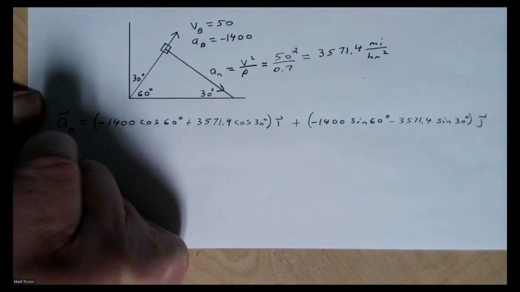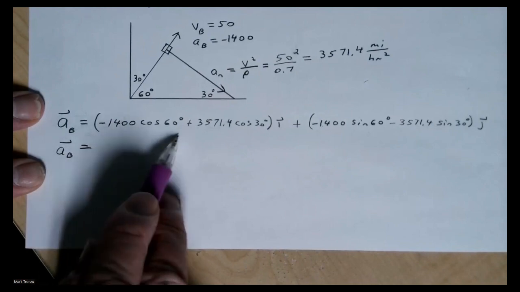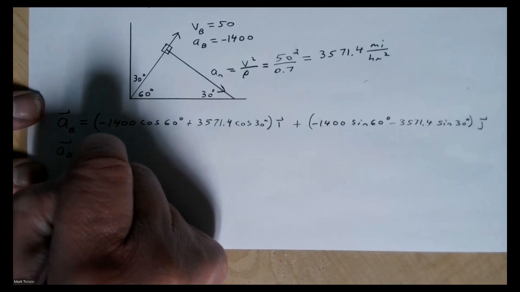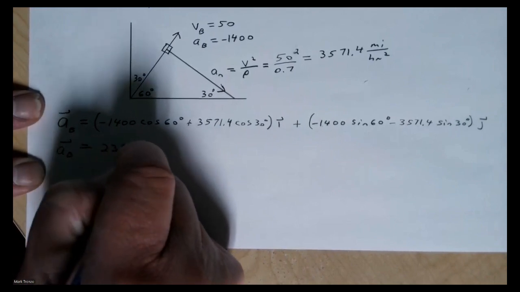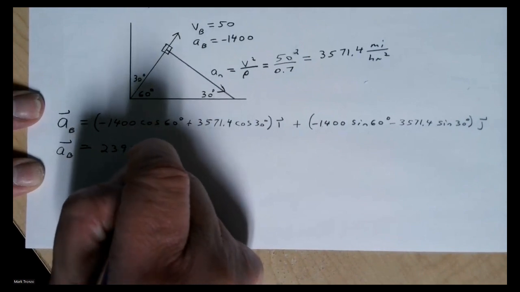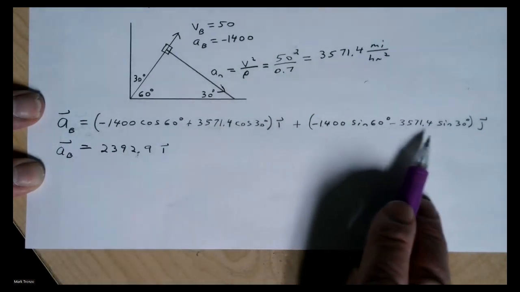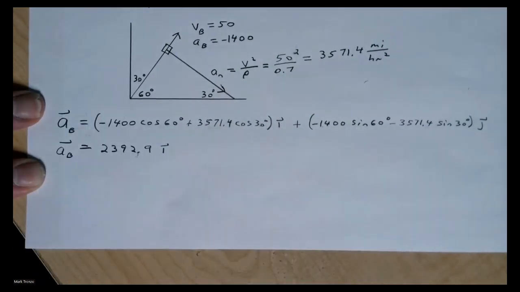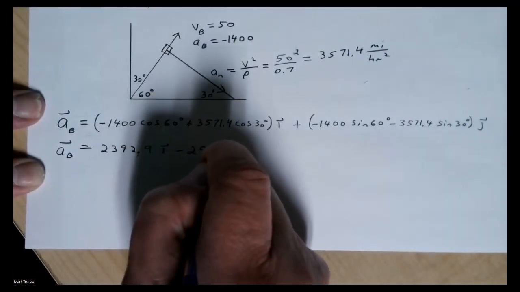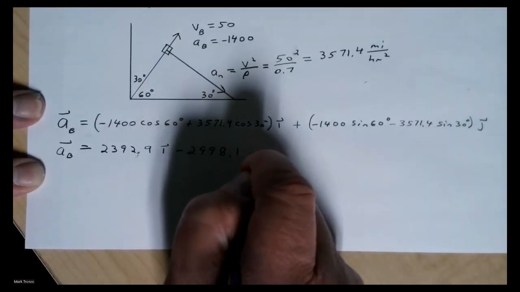And when I put that in my calculator, when I did this over here and added those together, I got 2392.9 i. And then when I did those over here, I got negative 2998.1 j.